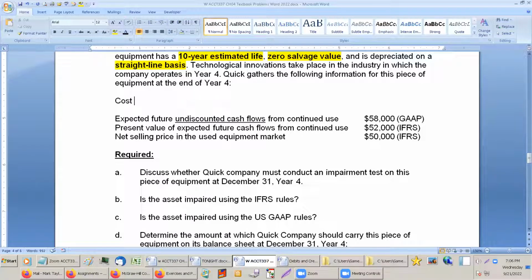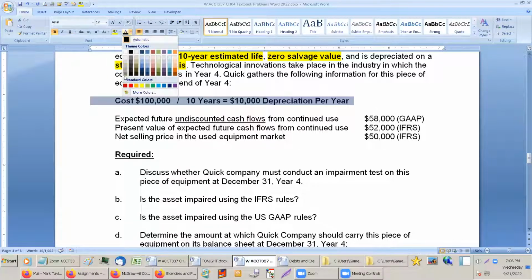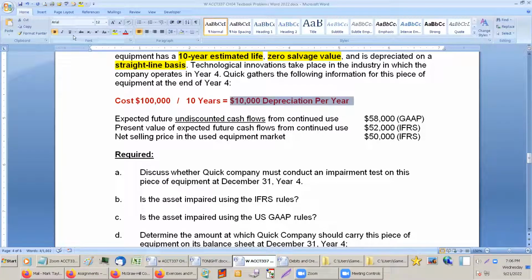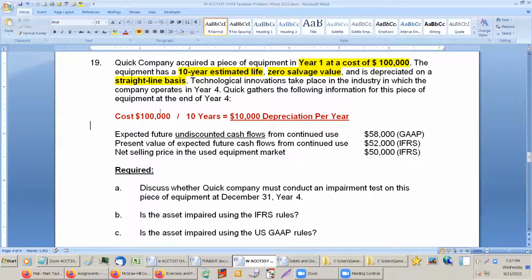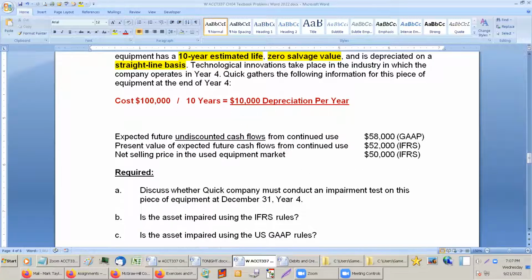So the cost was $100,000. Divided by 10 years. Okay.